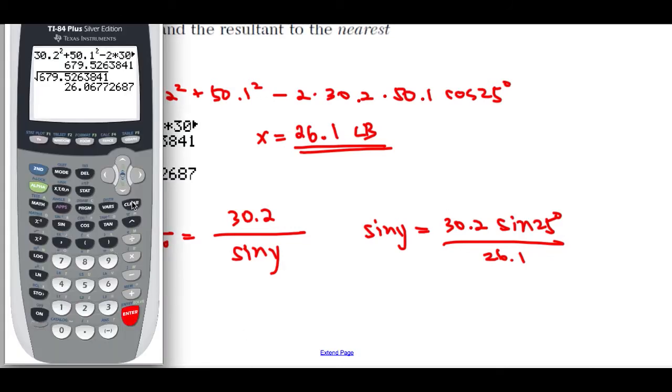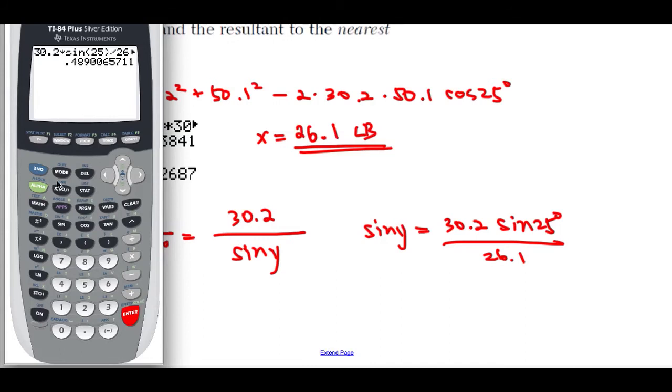So here we get, for the second question, 30.2 times sine of 25 degrees, but we have to divide that by 26.1. And that's what we end up getting.